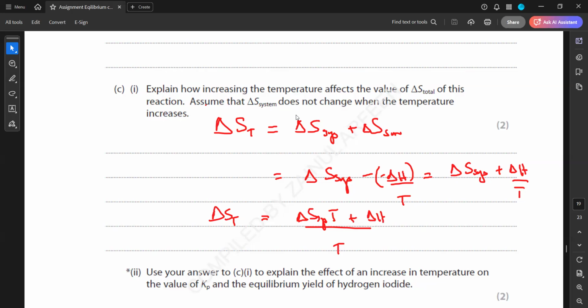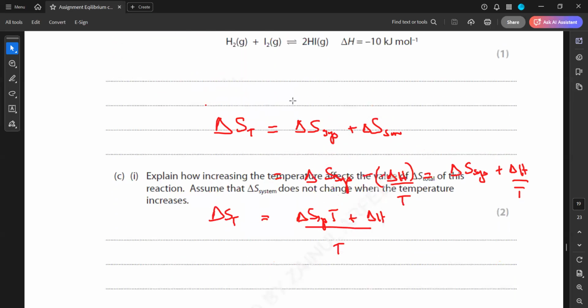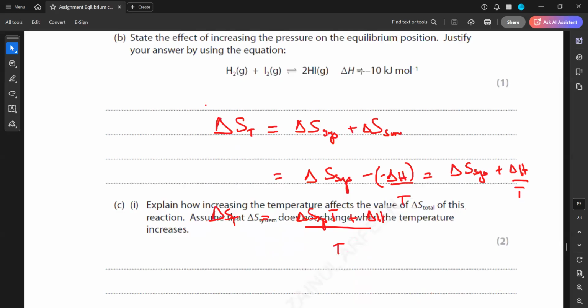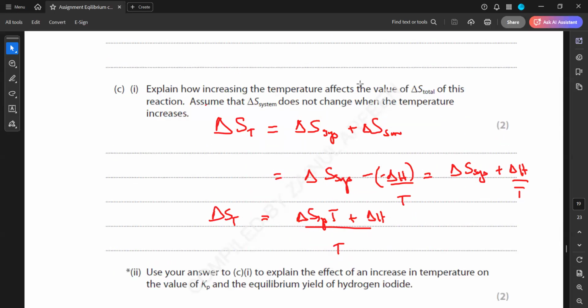How did we know the enthalpy change is negative? It's given in the question. They mention in the question that it is minus 10, so it's an exothermic reaction. They already specify in the question that it is minus 10, so that's what we conclude. So what will happen to the total entropy?